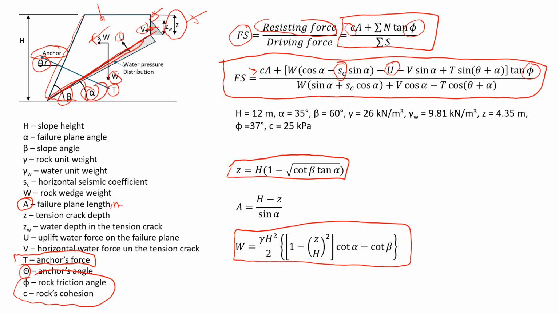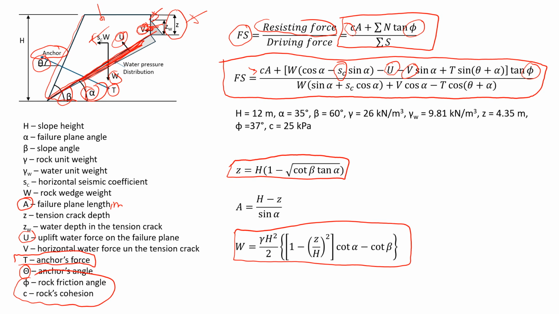This value U, which comes here, that's at the base of the wedge, the uplift force of the water. It's shown here. And another value related to pore water pressure is V. So V comes from that horizontal driving force that will try to drive the rock mass down. It also comes from pore water pressure.